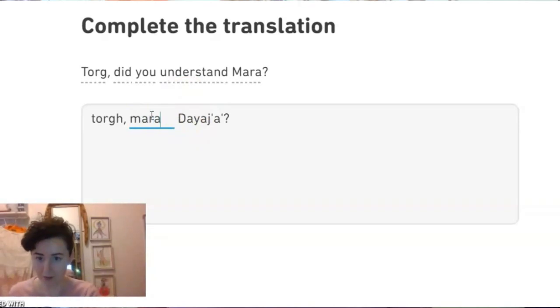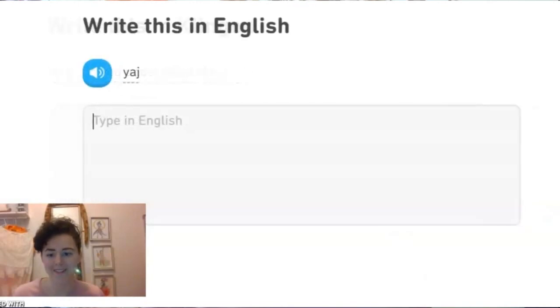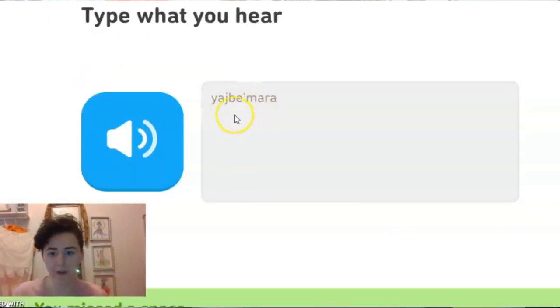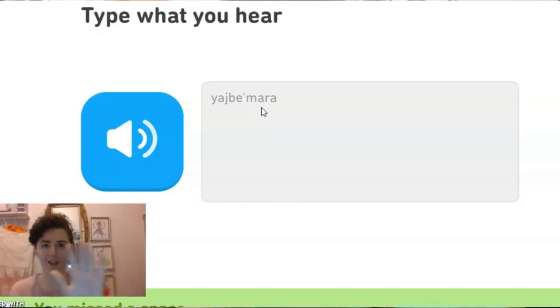So let's put Mara there with no capital, and we're correct. Yaj be Mara, which Yaj means understand, and when you got be, it means does not understand. And what this Yaj be Mara means, Mara as the object, Mara does not understand. Mara is the subject, so for us it's Mara doesn't understand, but in Klingon it doesn't understand Mara.